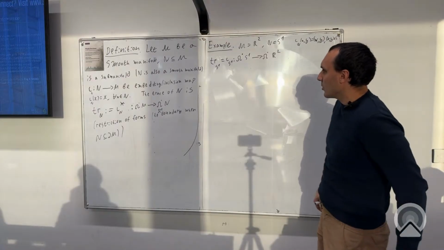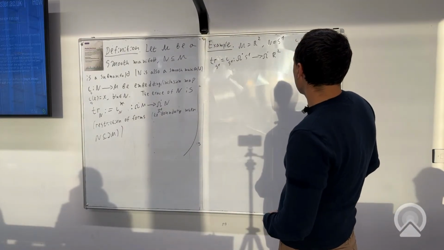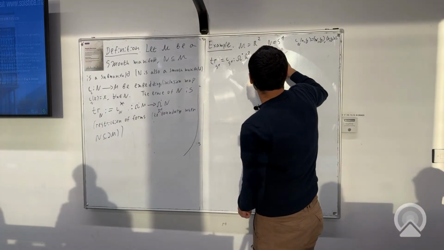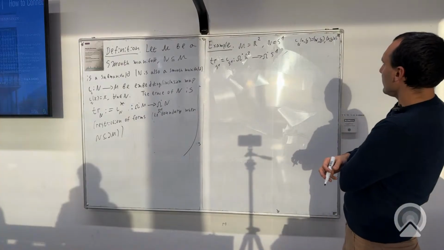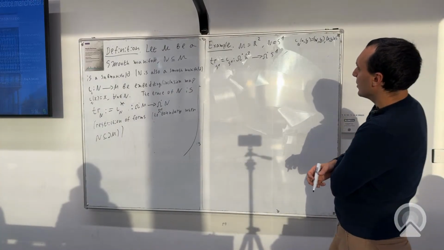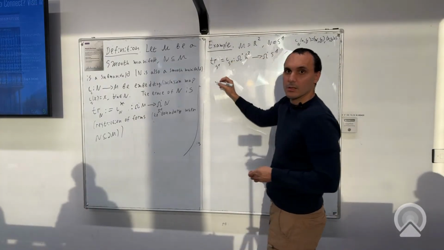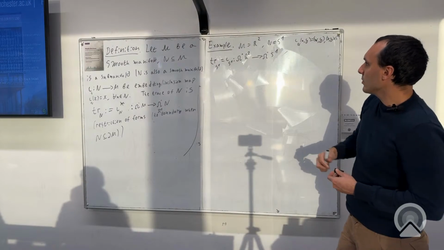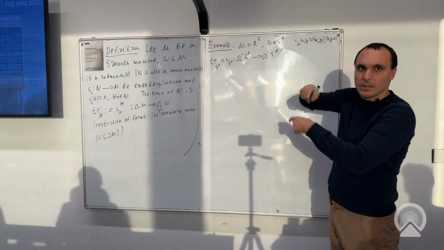So choose some local coordinate. No, it's the other direction. So from R2 to S1. That's not the inclusion, no, the inclusion map is here. And the trace is in the other direction.